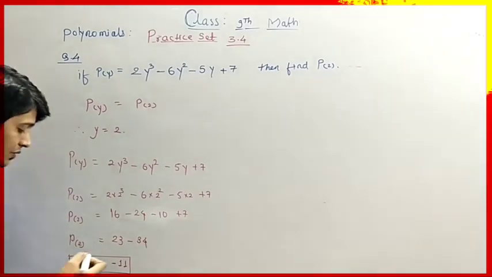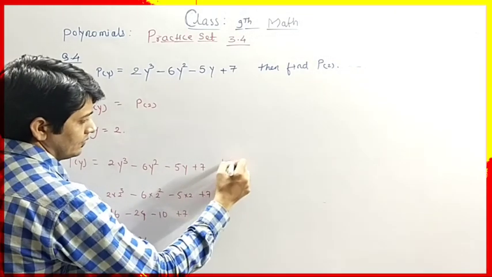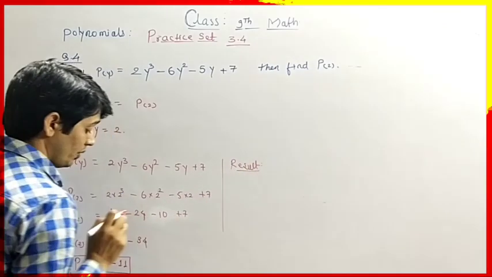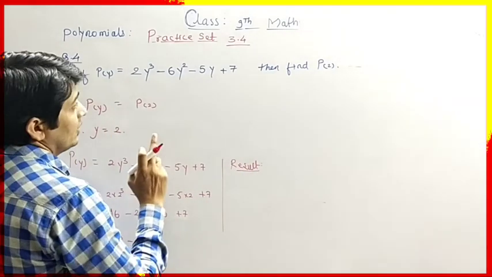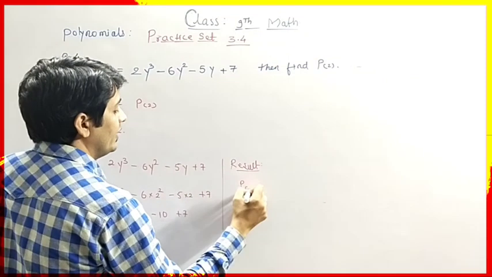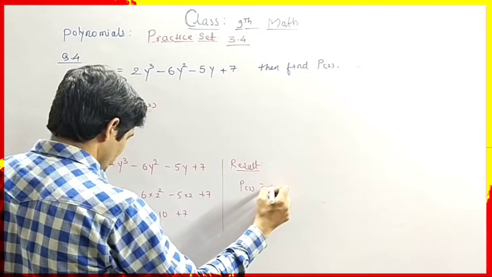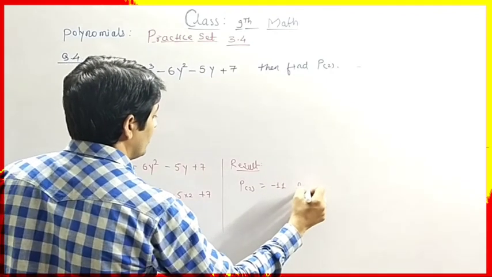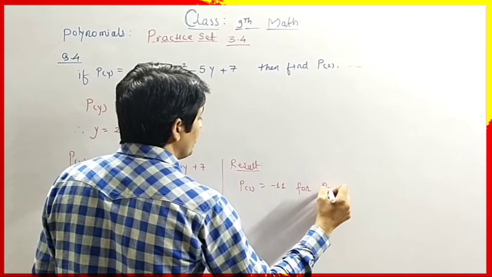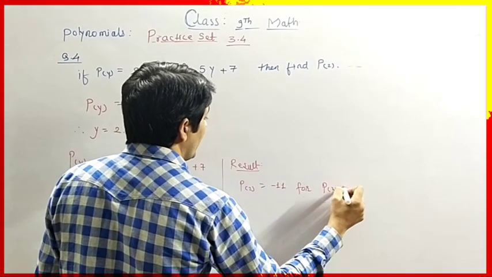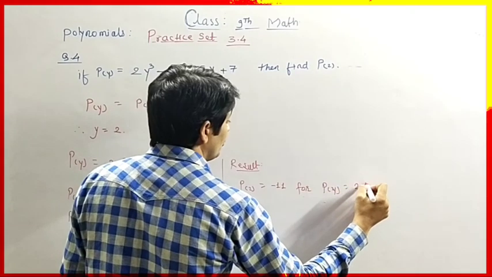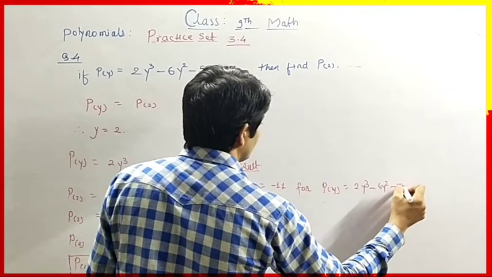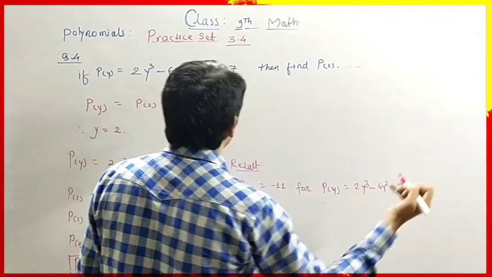Okay, so we have to write the result. So what will be the result? p(2) equals minus 11 for the polynomial p(y) equals 2y cube minus 6y square minus 5y plus 7.